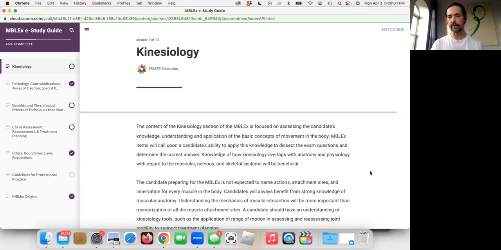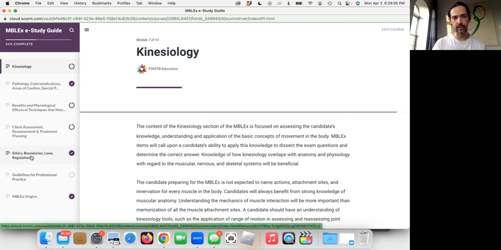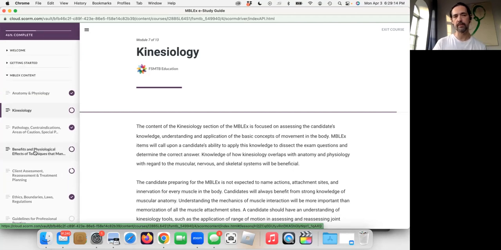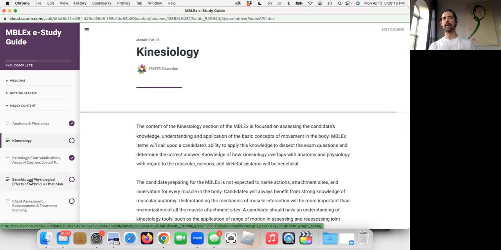I would say that for guidelines for professional practice, ethics, boundaries, laws, regulations, and then most of client assessment, reassessment, and most of beneficial and physiological effects of techniques that manipulate soft tissue, it's fine for us to do batteries of questions, although there are going to be some things that I need to summarize and give you as a study tool.